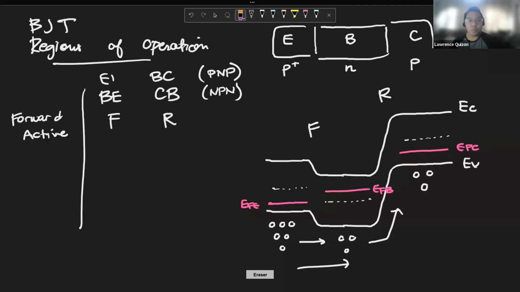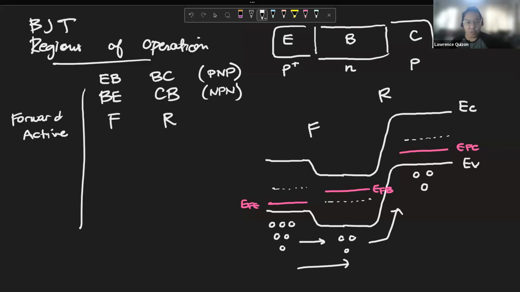Do note na nagbabago yung order ng pag-refer natin dito sa mga junction na to based on kung alin yung typically mas mataas yung voltage, no? So essentially ang mangyayari lang is EB junction ang tawag natin for PNP. Bakit?